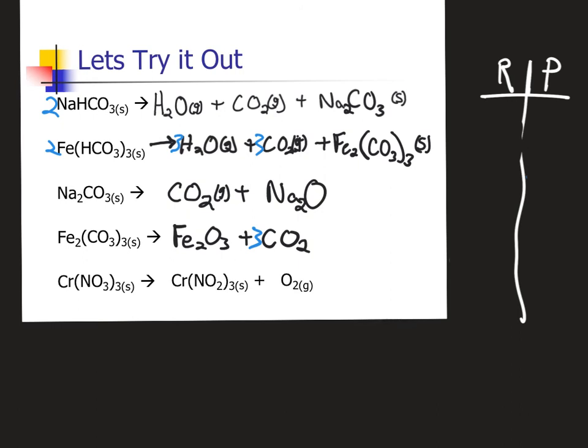Or if you can't see, we write it out so that we can see. Cr, N, and O. Chromium 3 is 1 and 1. Nitrogen goes 3 and 3. Oxygen goes 9. And 6 plus, ooh, that's just weird. 6 plus 2 is 8.